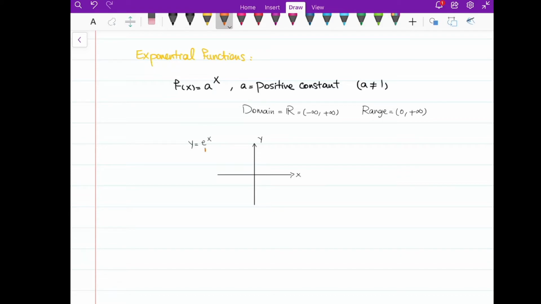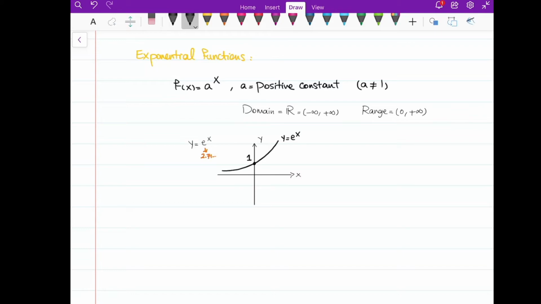What is e? e is a number 2.71 something, and it is just a number, but the number is very important. What is the graph of e to the power of x? The graph is this. When x is equal to 0, I get e to the power of 0. Any number to the power of 0 is equal to 1. So the y-intercept is 1.